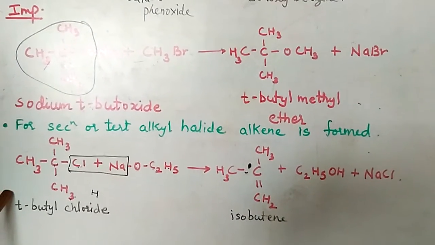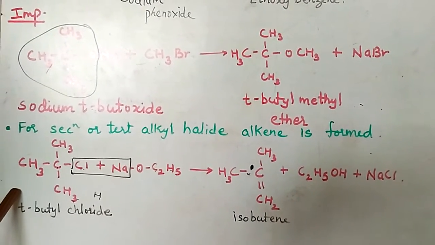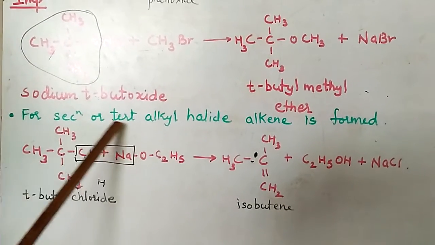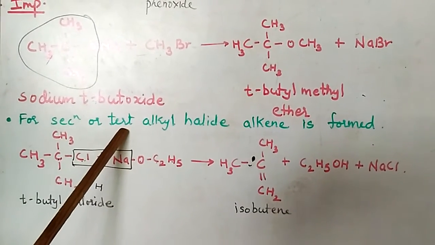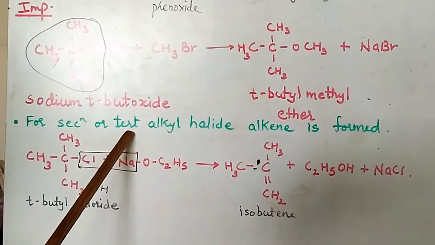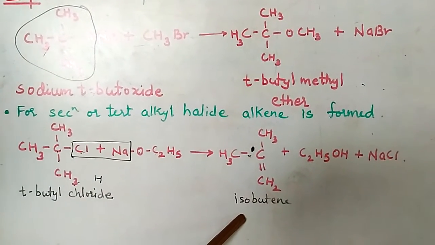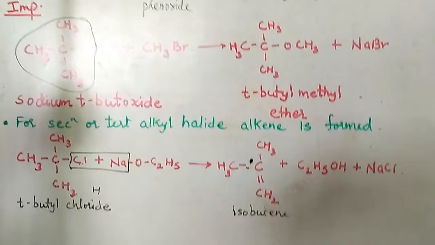This becomes a drawback. If someone asks me what is the drawback of Williamson synthesis, you can say that if a secondary or a tertiary alkyl halide is used, it does not give an ether, but in spite of that it is giving an alkene, which becomes the drawback of Williamson synthesis.